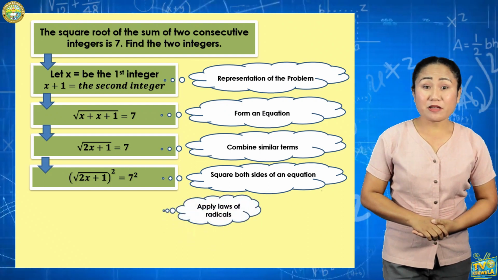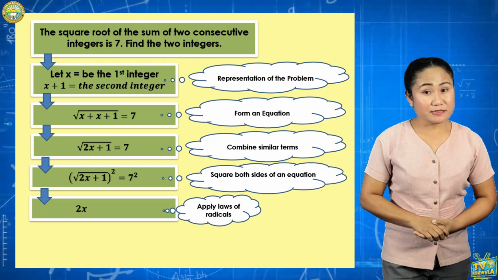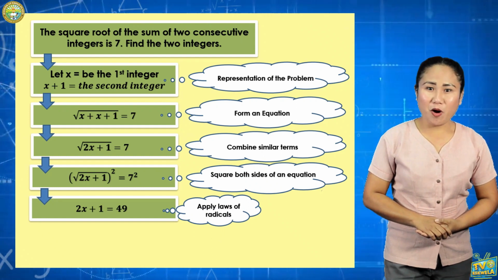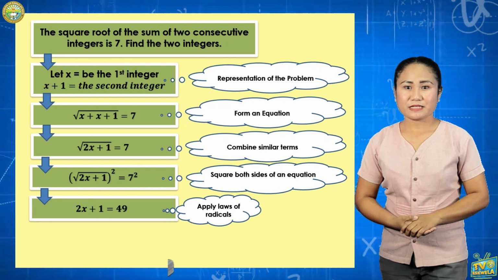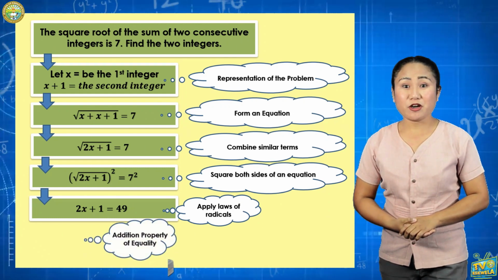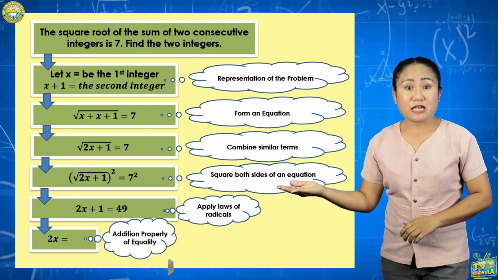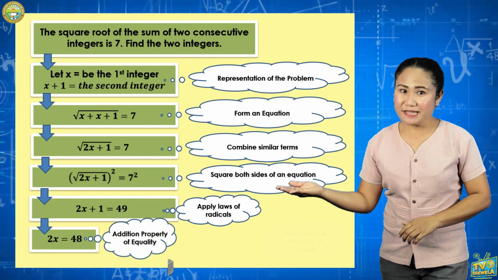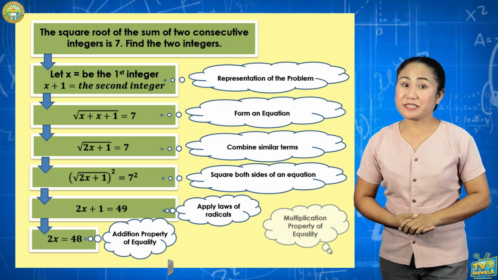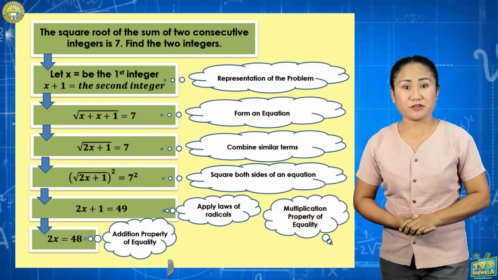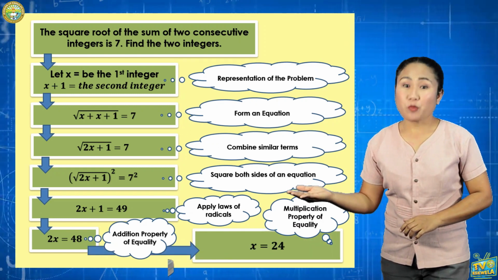Applying the laws of radicals results to 2x plus 1 equals 49. By addition property of equality, this is 2x equals 48. Using the multiplication property of equality, x equals 24.